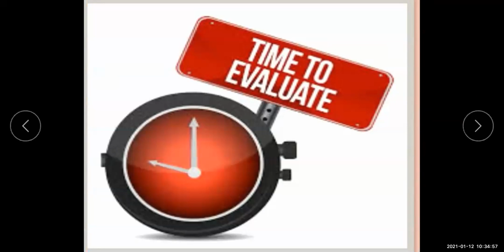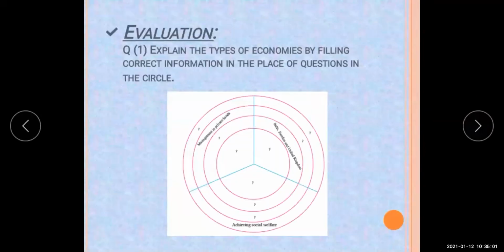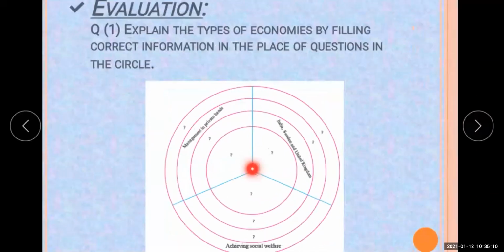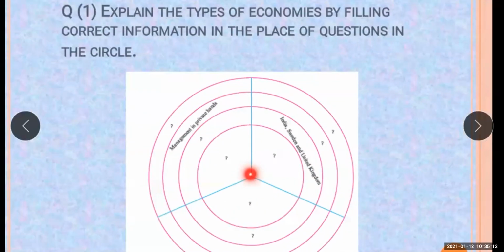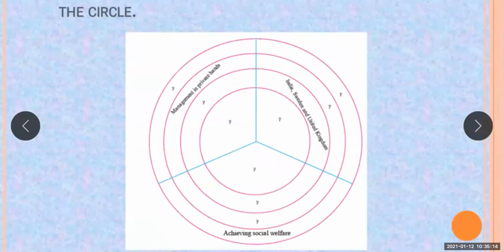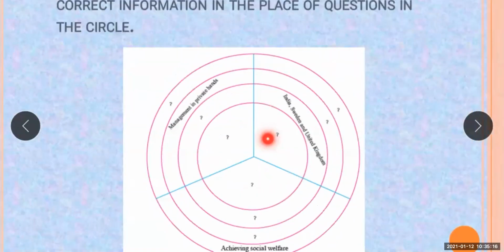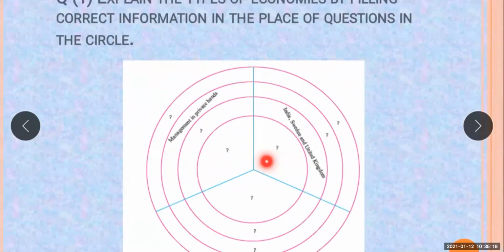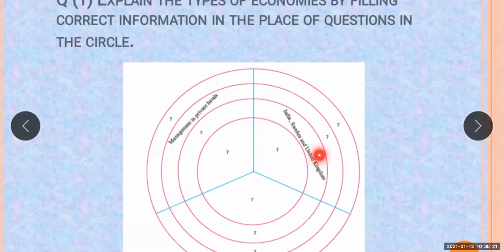Then it's time to evaluate now. On your screen you can see there is a chart with a circle. In that circle you can see management in private hands. Here you have to complete these three circles.